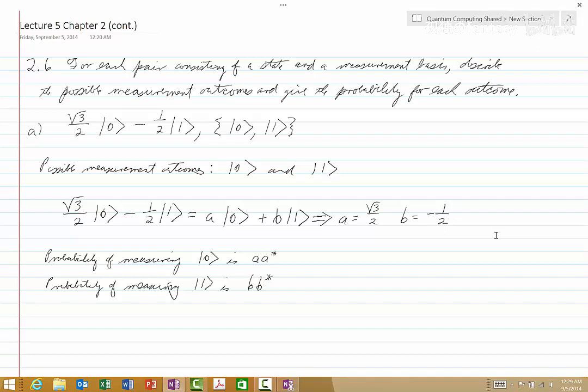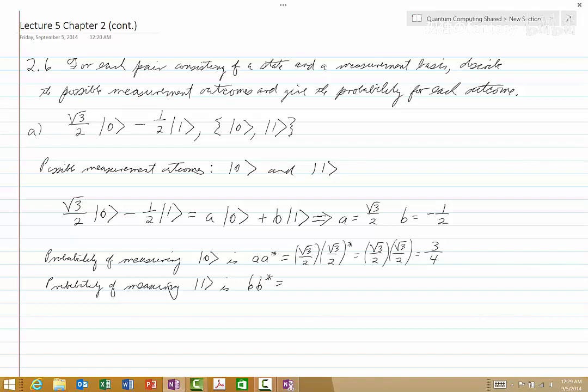So we have this. And so now we can immediately calculate the requested probabilities. We have square root of 3 over 2 times square root of 3 over 2 conjugate. And since square root of 3 over 2 is a real number, this is just square root of 3 over 2 times the square root of 3 over 2, which is 3/4.